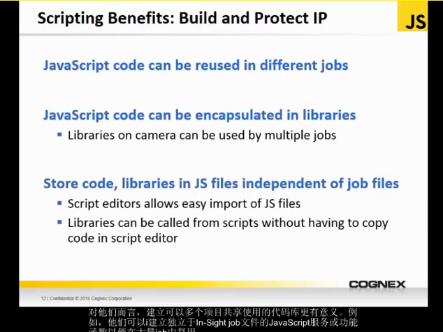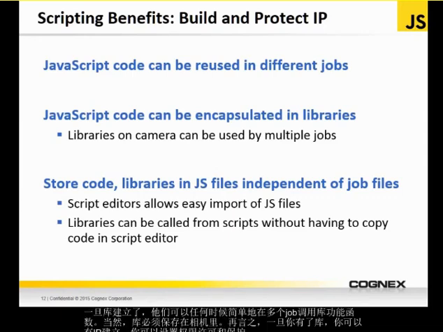So they can create, for example, JavaScript utilities or functions that are independent of the Insight job files for things they might do over and over again in many jobs. So once they have the libraries, they can call functions within these libraries any number of times by simply referencing them across multiple jobs. Of course, the libraries have to be saved on a camera, but again, once you have the libraries, you have your IP built up, you license it and protect it.